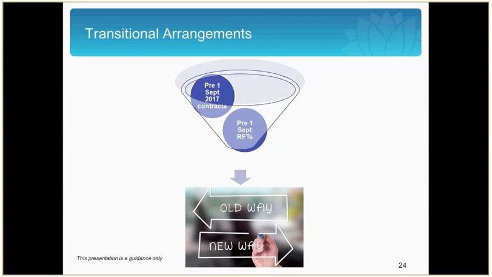If the RFT process commenced before the 1st of September 2017, with likely commencement dates before the 1st of September, Procure IT version 3.1 may be used. However, New South Wales government agencies are strongly encouraged to include Procure IT version 3.2 terms where possible.